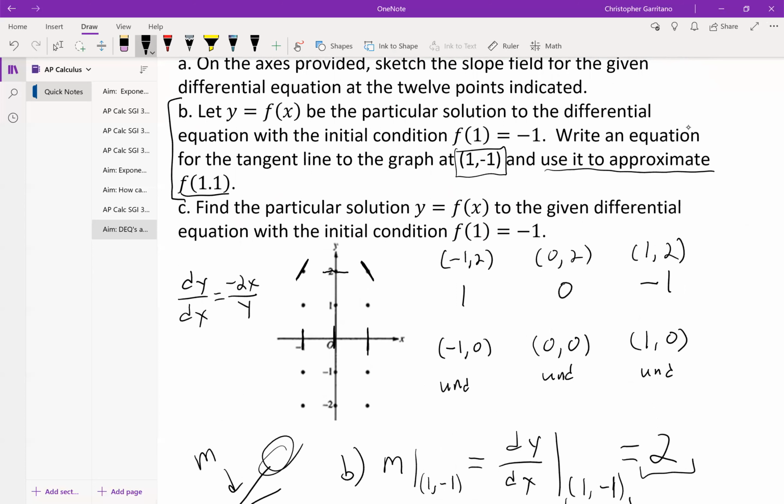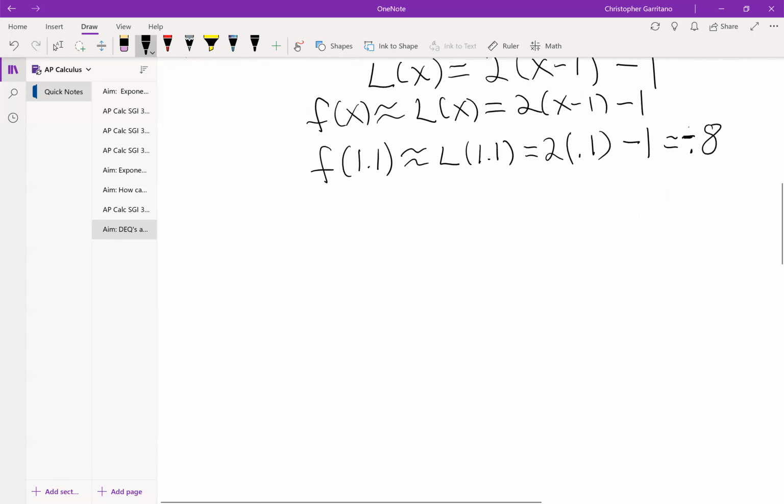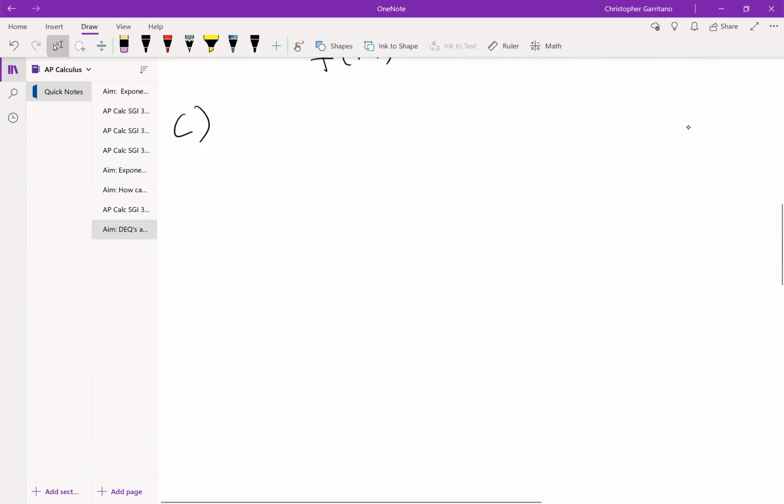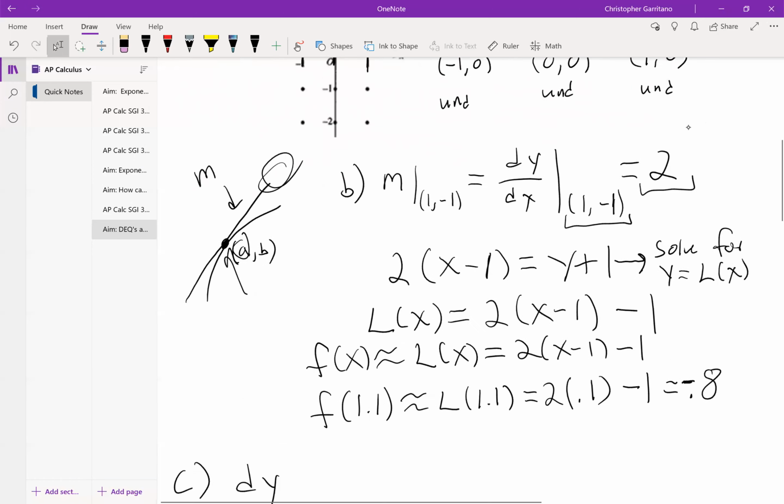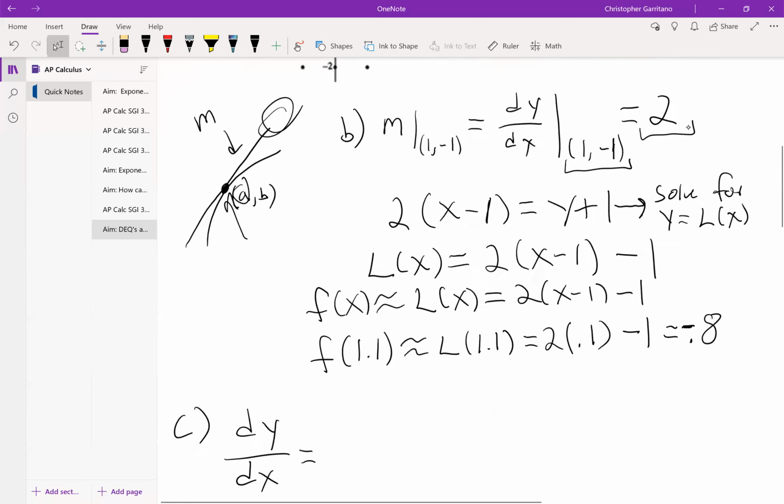Now part C is something we're more familiar with from recent lessons. We want to use our differential equation to find the particular solution given this initial condition. There's something we have to be careful of here. So I'm going to start with the differential equation, dy/dx is negative 2x over y.